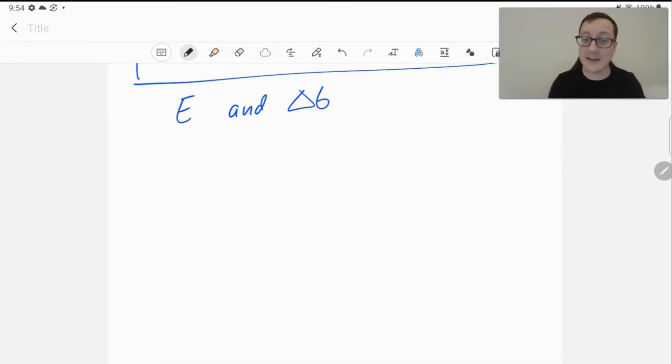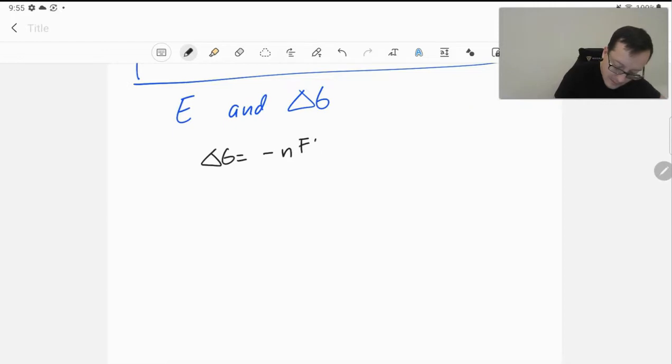And there is a relationship between them, so that we can calculate the delta G value for any redox reaction that we can measure its cell potential. And the relationship between them is the following.